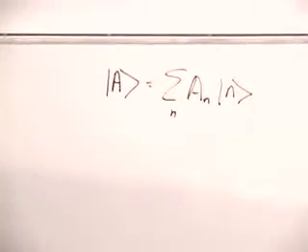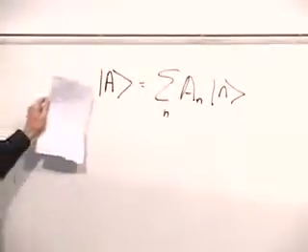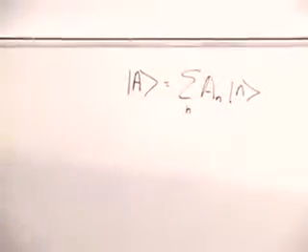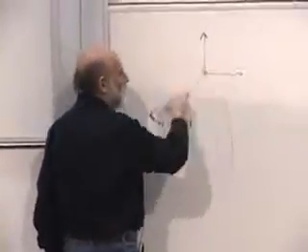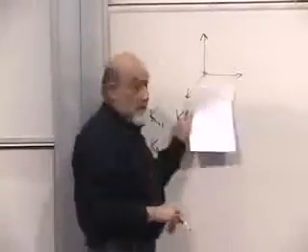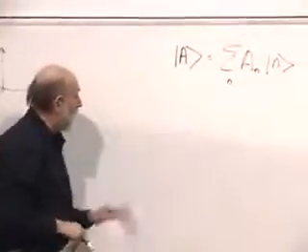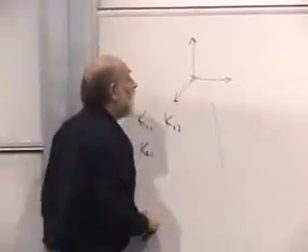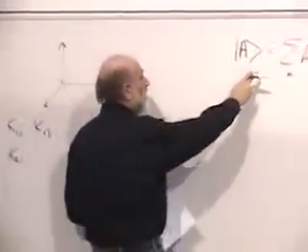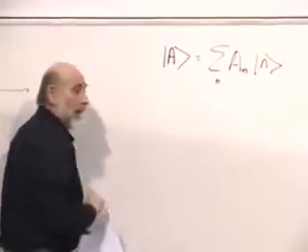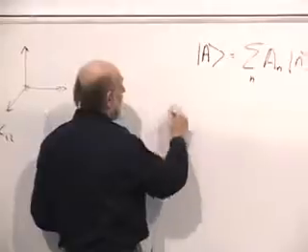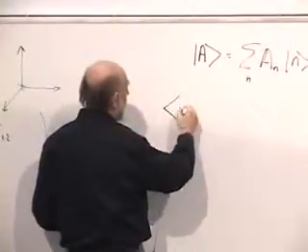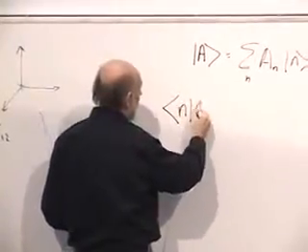That's the analog of the statement that in 3 dimensions any vector can be represented in terms of 3 basis vectors. Again, the set of coefficients A sub n is nothing but the inner product of the nth basis vector with A.